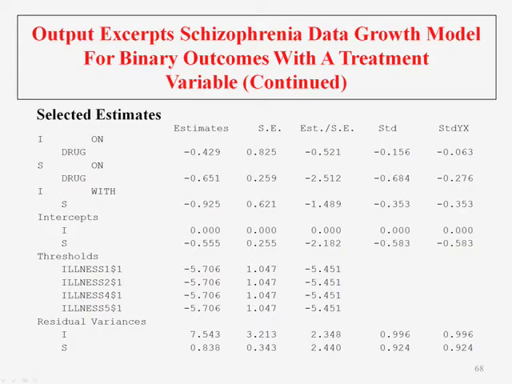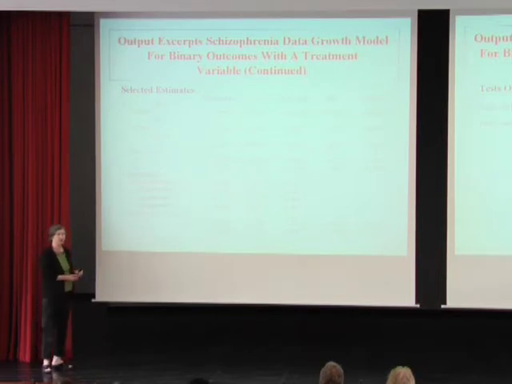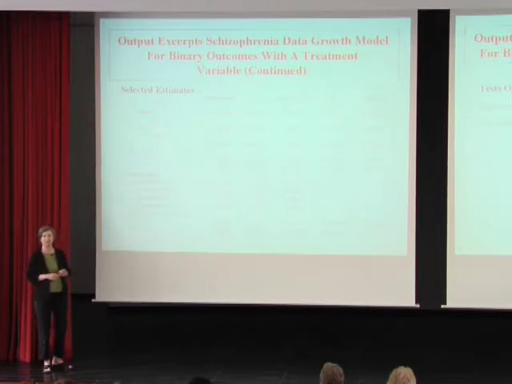Then we show the standard error of the raw estimate and the ratio of the estimate to the standard error. These two standardized columns are from an old output. We now give standard errors for the standardized output, and when you ask for that, that comes in a separate section below the regular results.